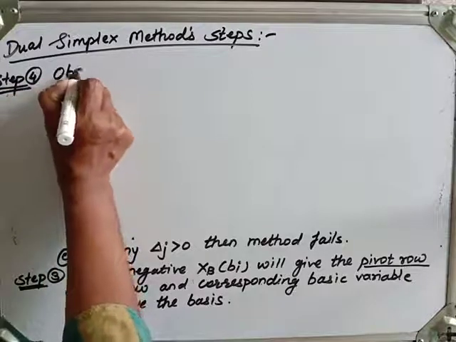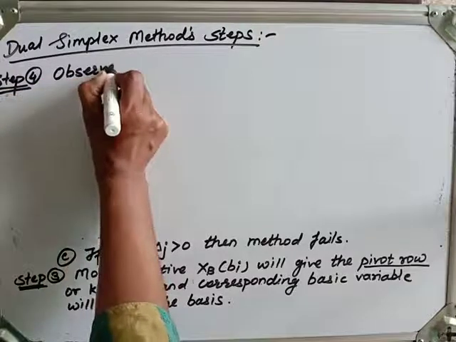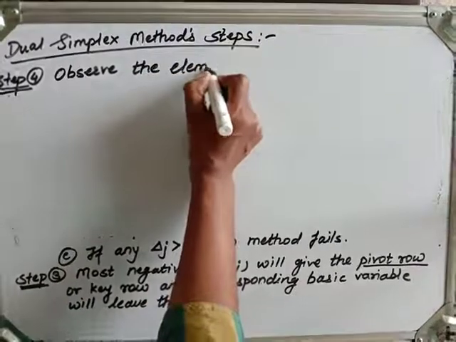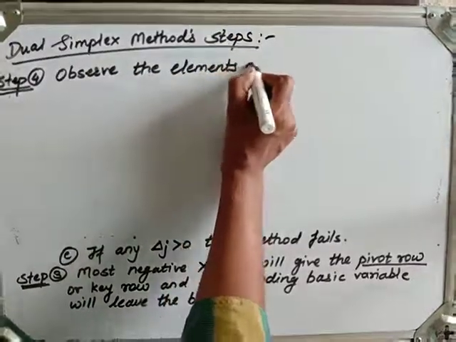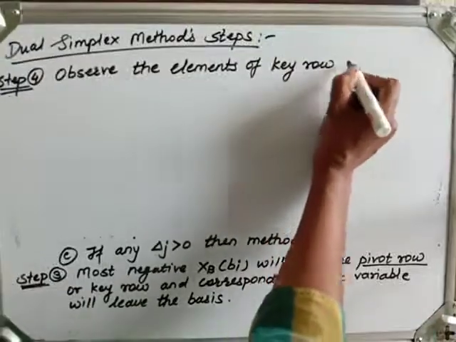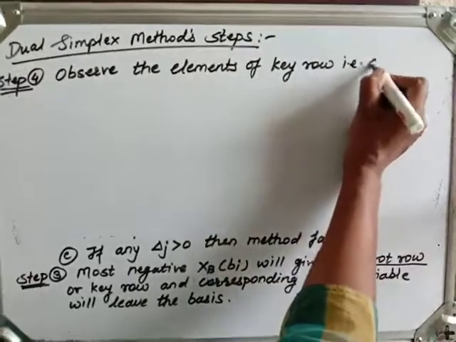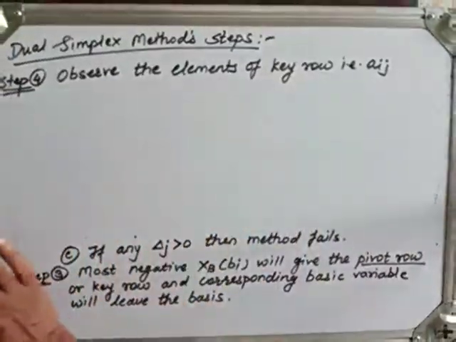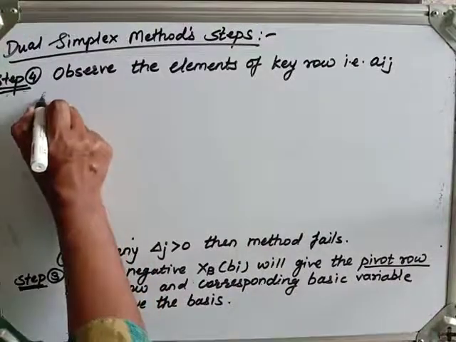Observe the elements of the key row. These entries are just like a matrix. Let me name them Aij.